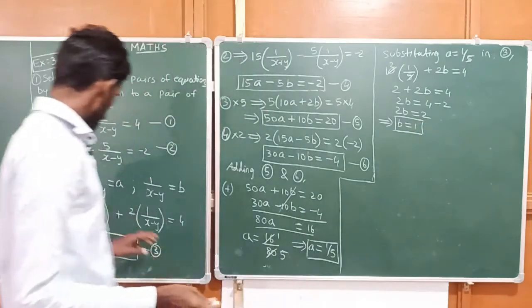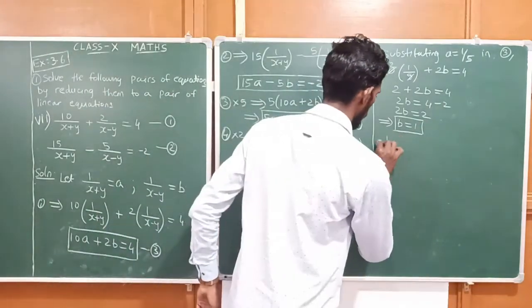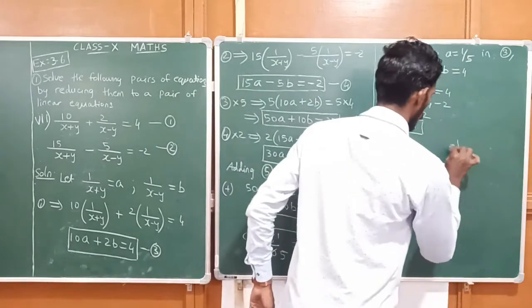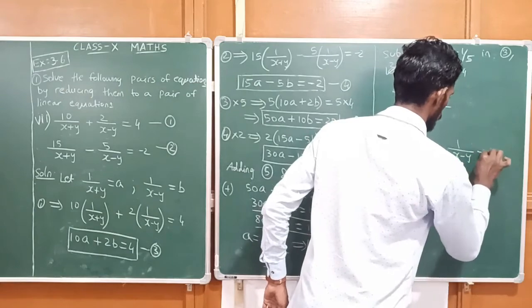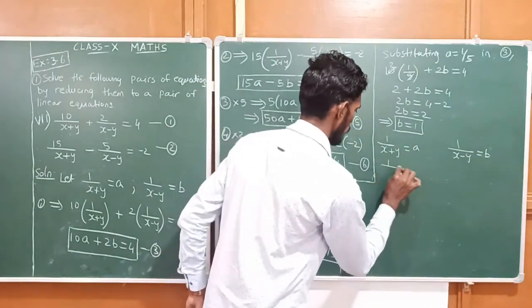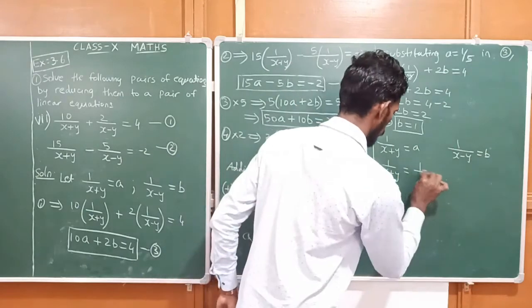Now we are having the assumptions 1 by x plus y is equal to a, then 1 by x minus y is equal to b. Substitute the values of a and b in this condition. 1 by x plus y is equal to a value 1 by 5.